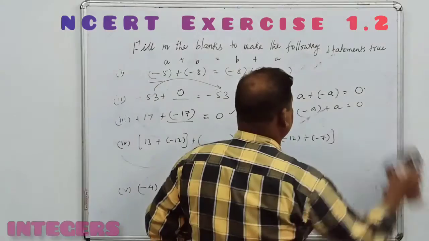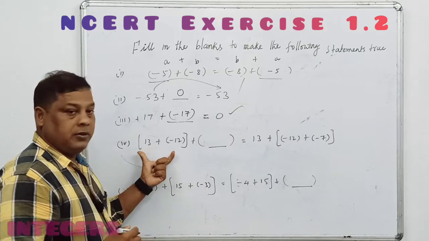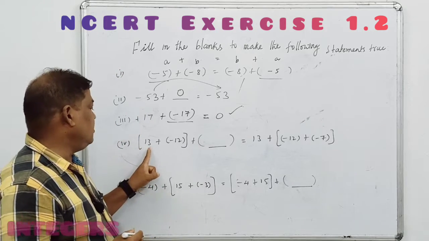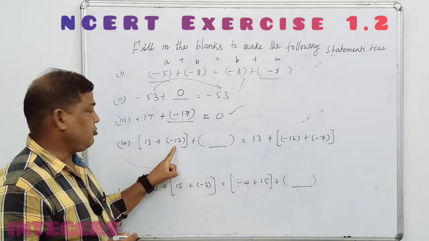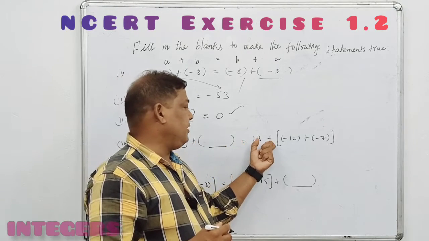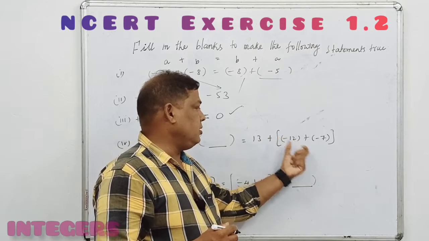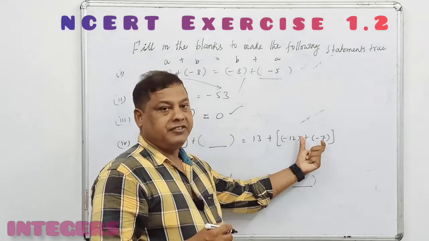Now we will see the fourth part. Here in the first bracket, 13 plus minus 2, and here is the blank. Now here is 13 plus, in this bracket, minus 12 and minus 7.